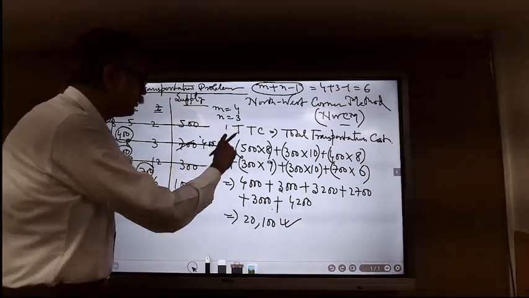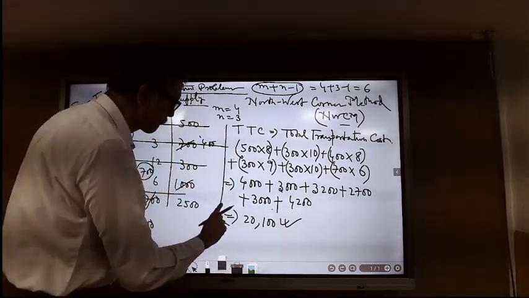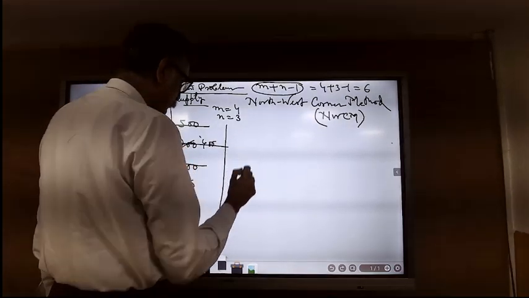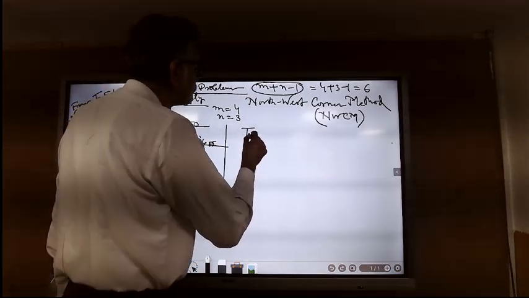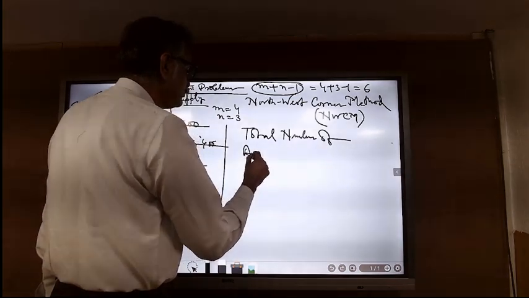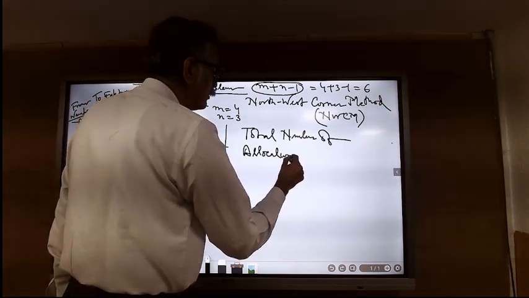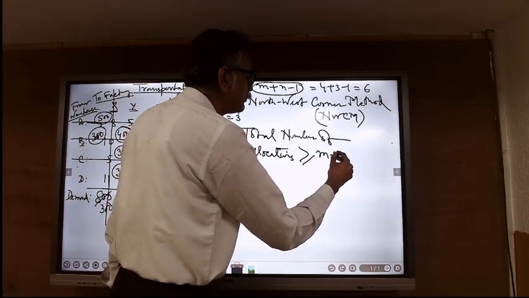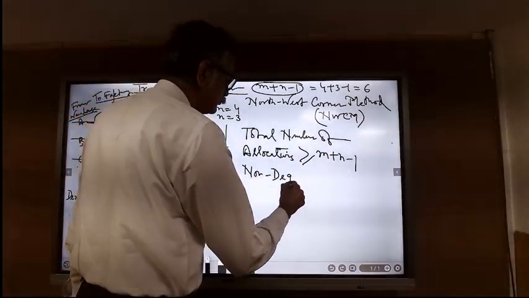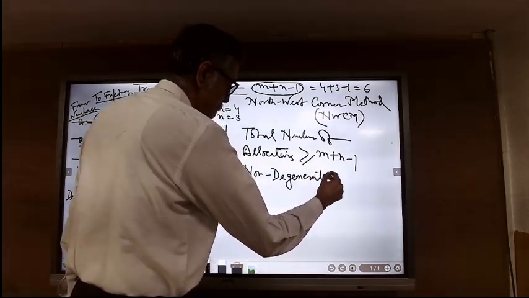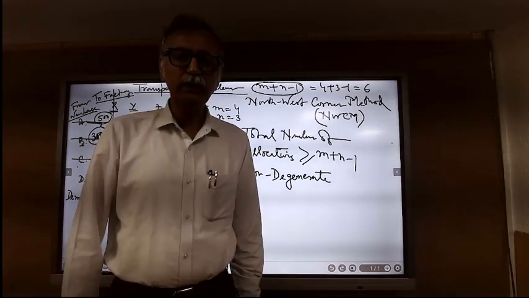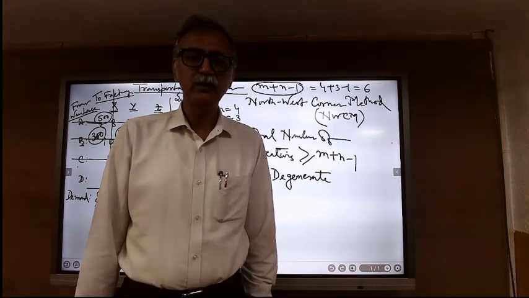So if the number of allocated cells is greater than or equal to m plus n minus 1, then the solution is non-degenerate.